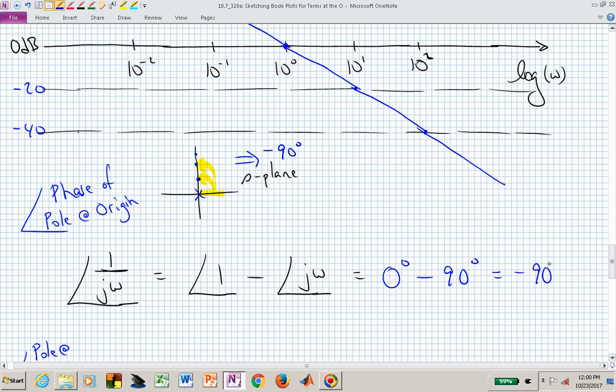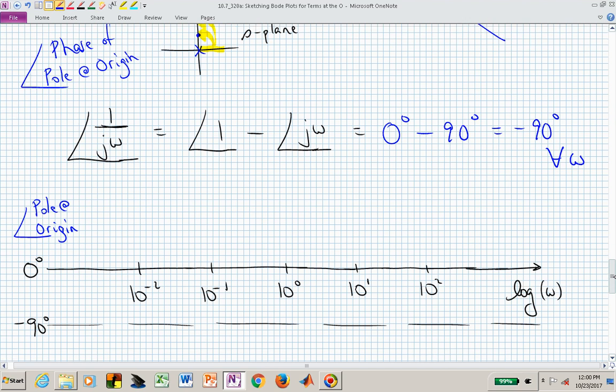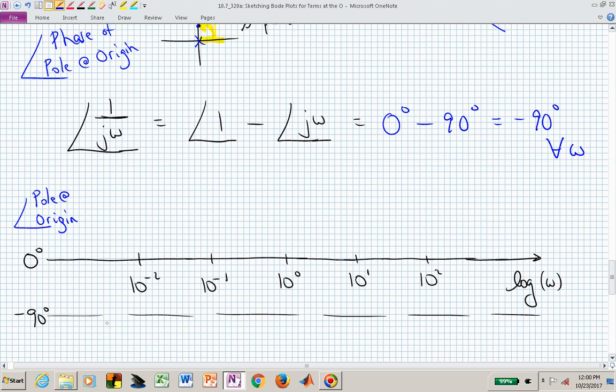So we're now at minus 90 degrees no matter what frequency, or for all frequencies. Meaning a pole at the origin can now be easily sketched to have a phase curve that always contributes minus 90 degrees for a single pole at the origin.